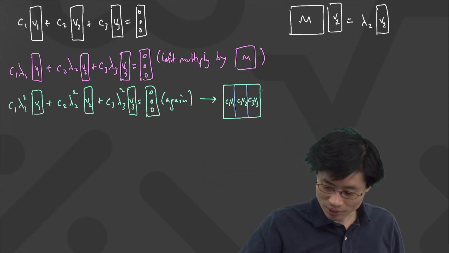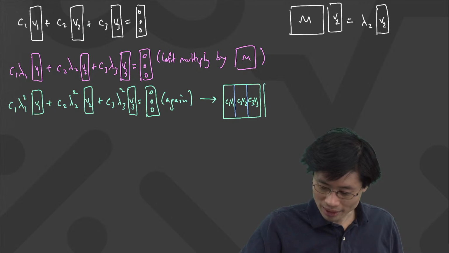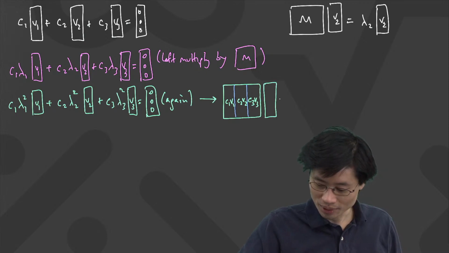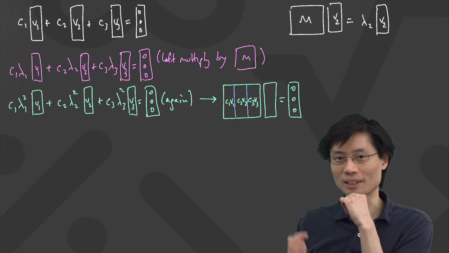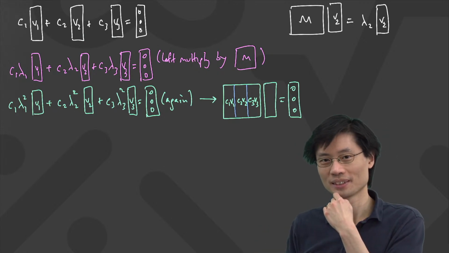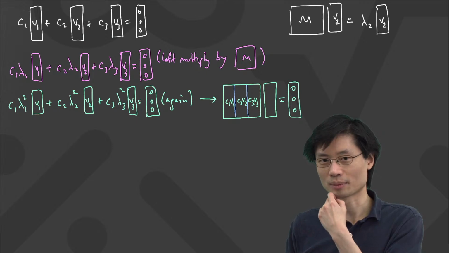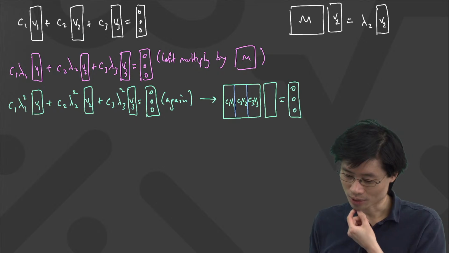I claim that if I took this thing and multiplied it by a certain column, that's equal to 0, 0, 0. Can anyone help me fill in what that column would be? This is about matrix multiplication. How does this work?